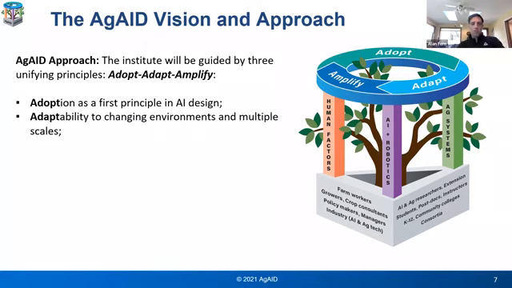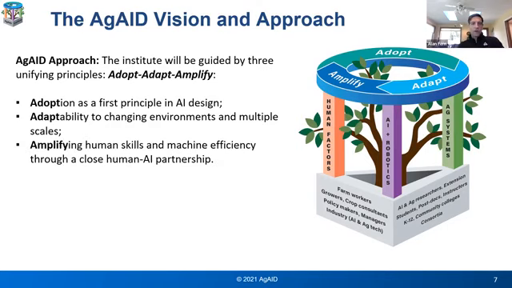Adaptability: we want our systems to be adaptable to all the changes that might come about and all the scales that we need to reason about. And then really this is all about amplifying human skills and reasoning at some level. It's unlikely for most of the problems that we look at that you're going to be replacing humans in any near term scenario that we see.